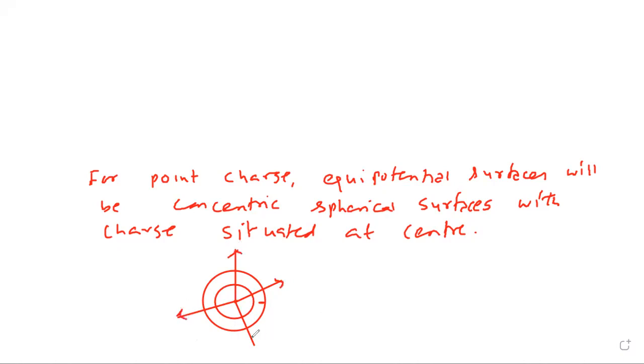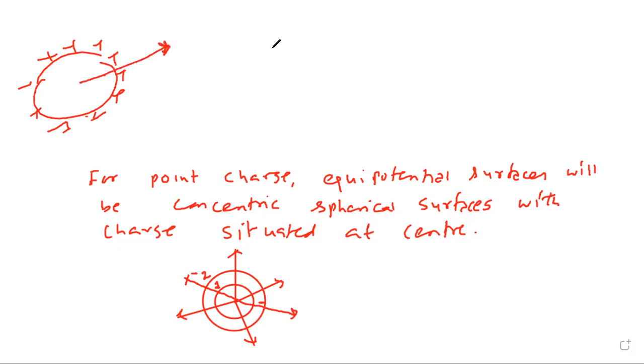If I consider this first surface, it will have potential, suppose, 5. The second surface may have 2. But throughout it is 2, 2, 2, 2. Throughout the first it is 5, 5, 5, 5. So these surfaces are called equipotential surfaces. Charge distribution is something else. We did a point charge at a distance r.